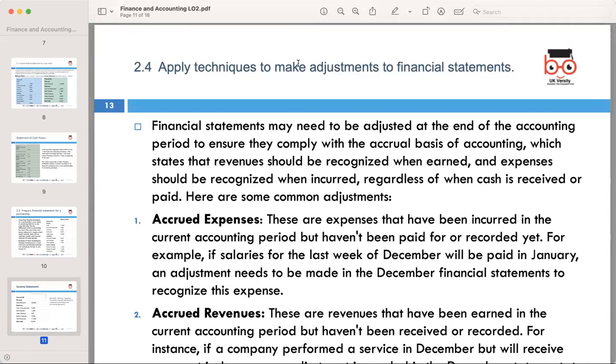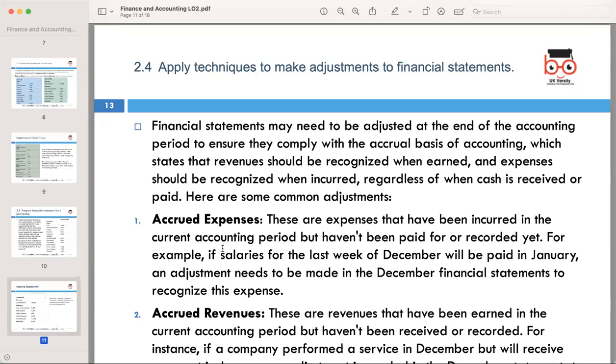So this basis states that revenues should be recognized when earned and expenses should be recognized when incurred, regardless of when cash is received or paid. Accrued expenses are costs that have been incurred during the current accounting period but have not yet been paid or recorded.